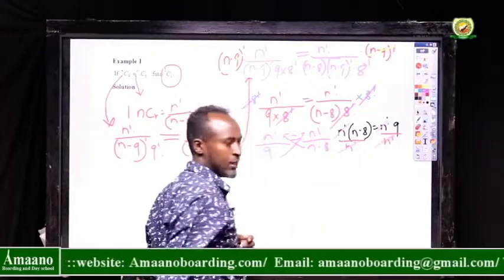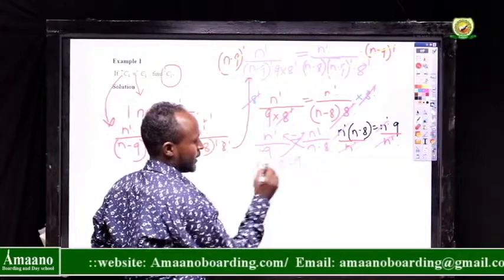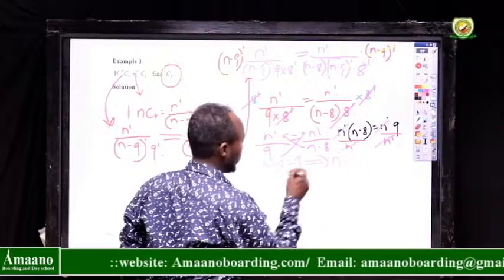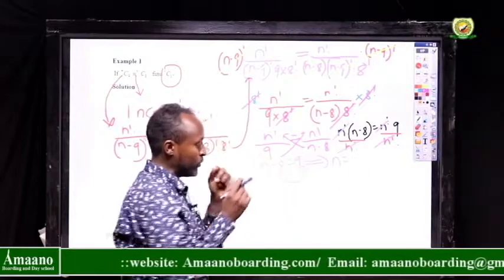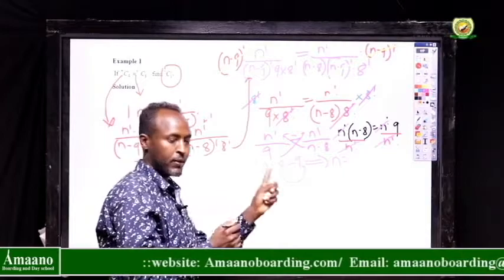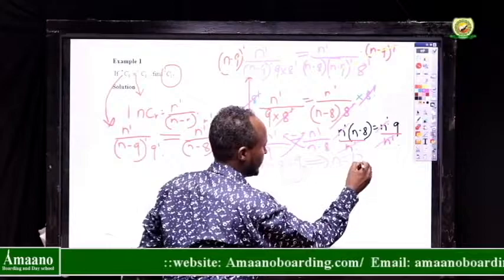Therefore, we have n minus 8 equals 9. This implies that if we add 8 to each side, you have n is 17.